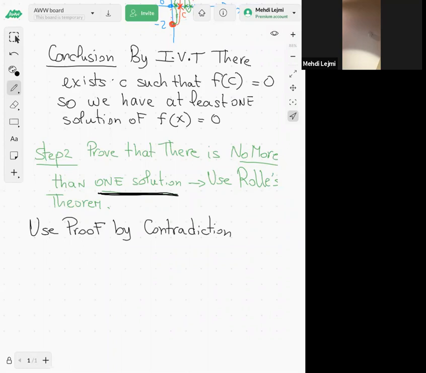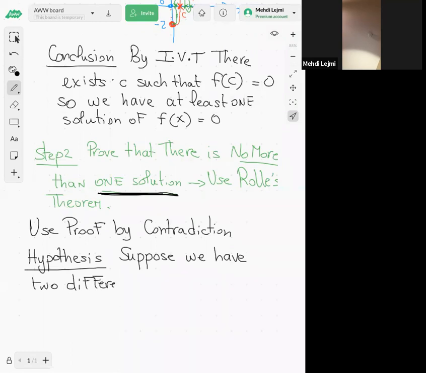So my hypothesis: I'm going to suppose I have two different solutions. Suppose we have two different solutions, a and b.